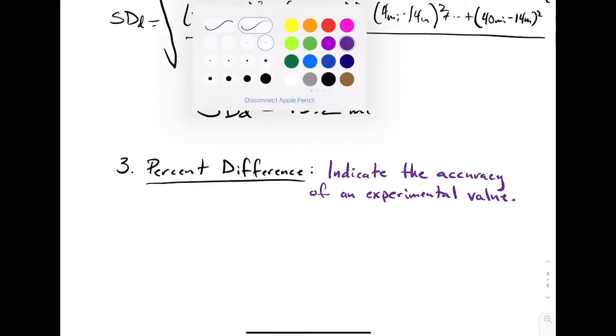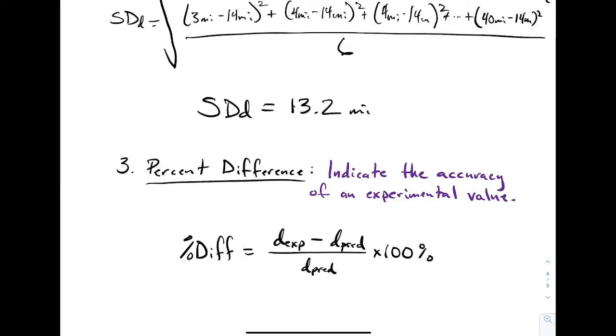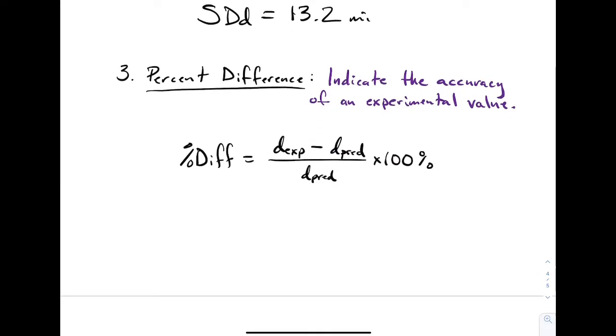So our general form for the percent difference, I always write percent difference equals, and it goes d experimental minus d predicted divided by d predicted times 100%. So if we substitute our values, the percent difference will equal, and our experimental value was actually 14.1 miles.